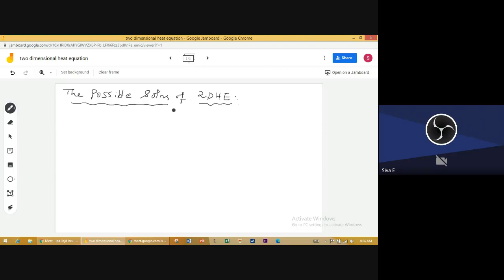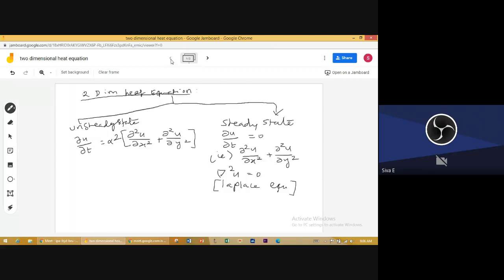Actually, this is the equation for Cartesian coordinates.